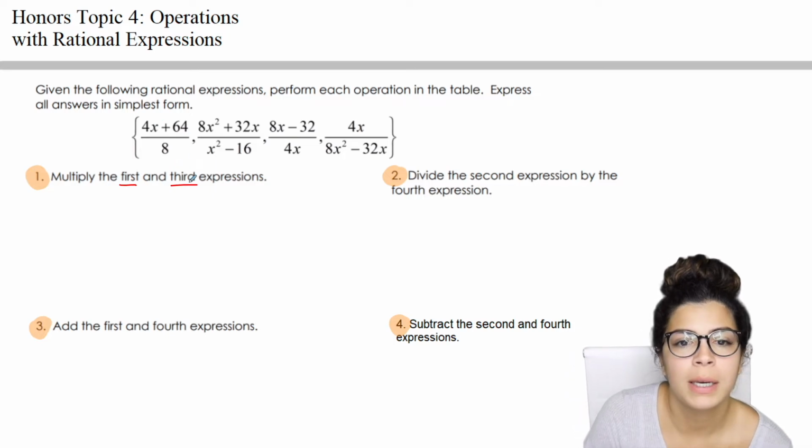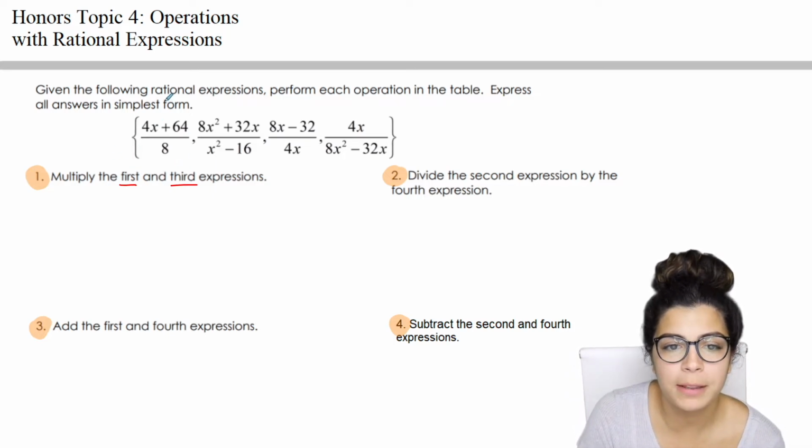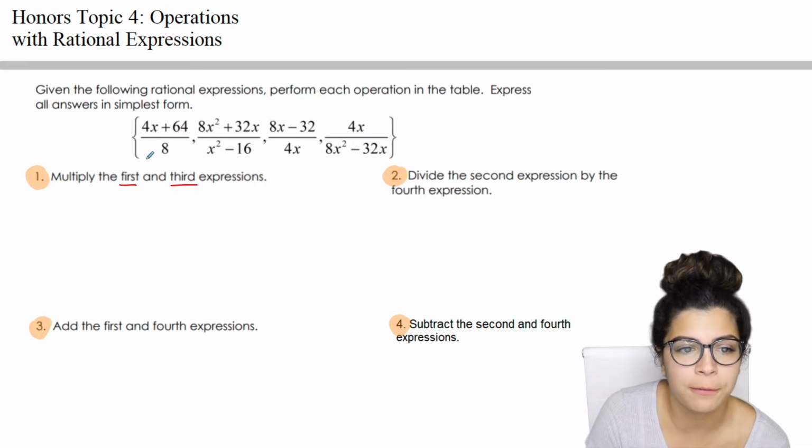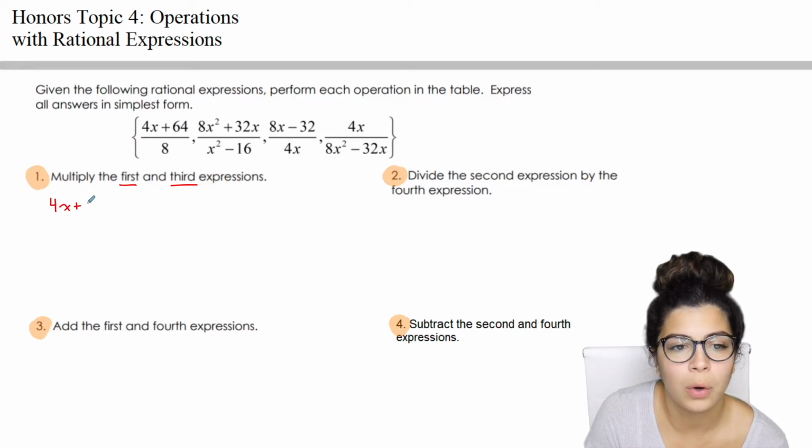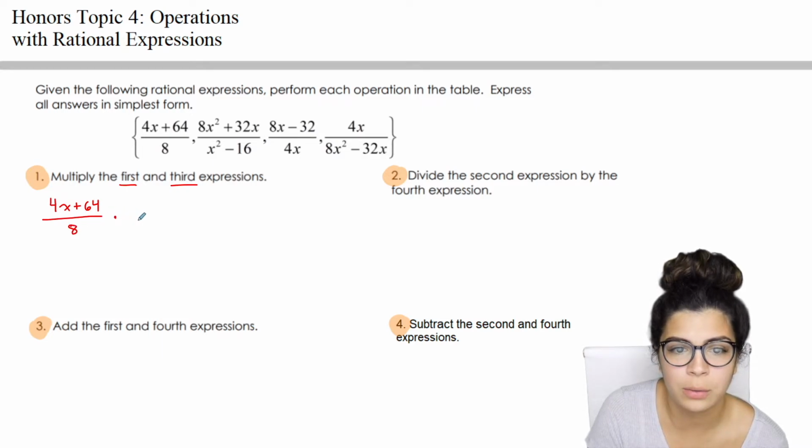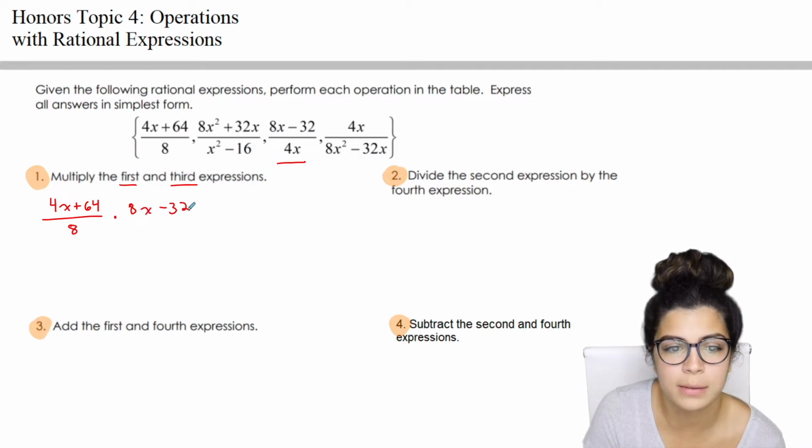If we're multiplying the first and the third, right, we would get 4x plus 64 over 8, and then you're multiplying that with the third expression, which is 8x minus 32 over 4x.